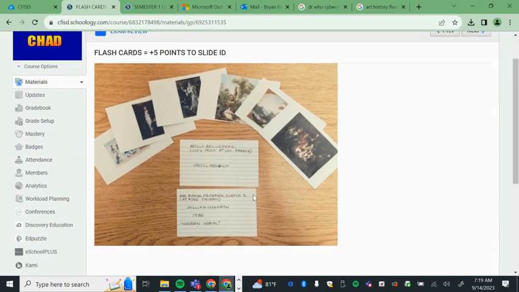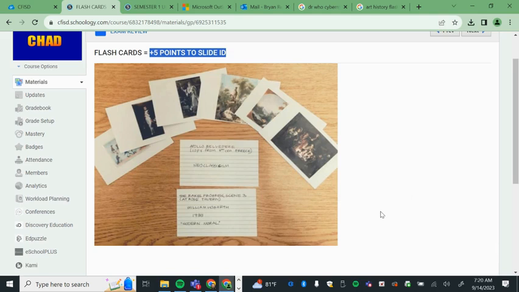You take an index card and you can either print and glue a picture of the artwork on one side and the information on the other side, or I have had students draw the picture real quick, like a 1 minute drawing or a 30-second drawing, just so that they know what the artwork is. Does that make sense? If you make flashcards and turn them in on the day of the test, I will add 5 points to the slide ID portion of the test. But this is just straight memorization.